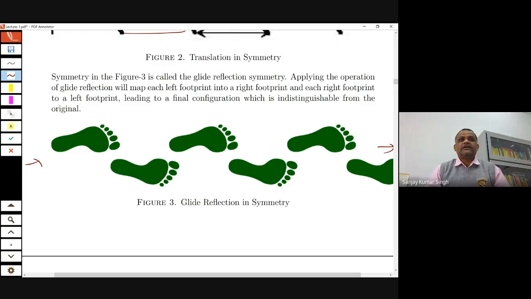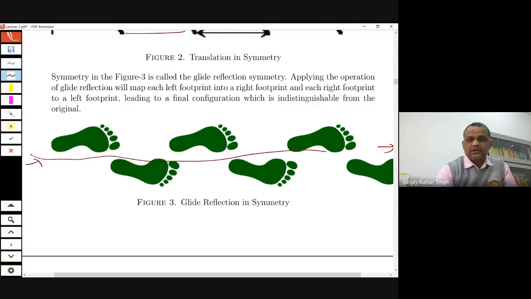What is meant by glide reflection? Whenever you have an object, either you translate it, meaning you take this foot and translate it again here by distance d. Suppose, and also we are assuming the distance between each two feet is the same, here d, d.